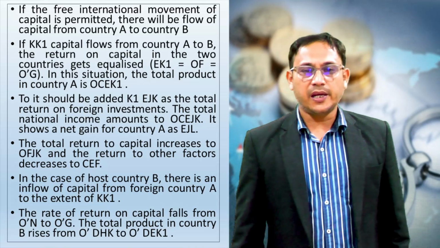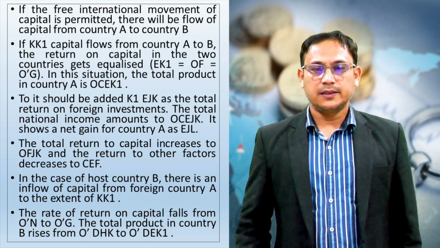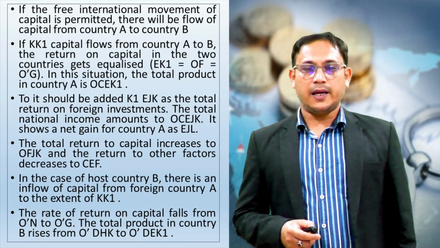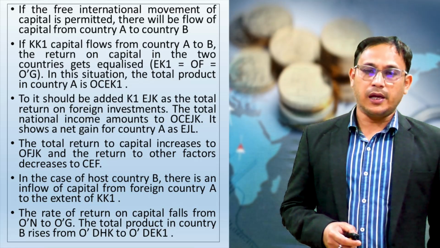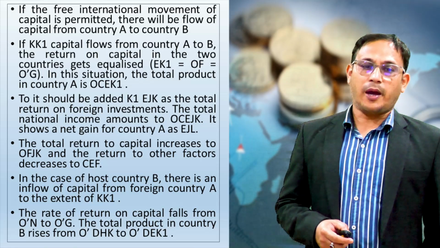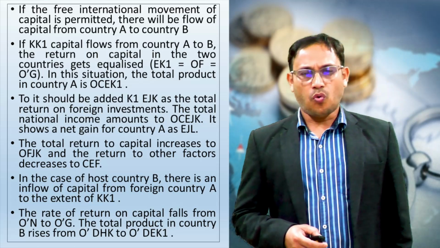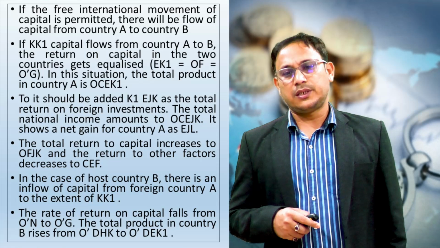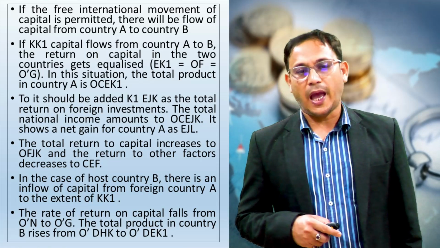So it shows a net gain for country A as EJL. The portion shown in figure 1, EJL, is the net gain for country A. The total return to capital increases to OFJK, and the return to other factors decreases to CEF.